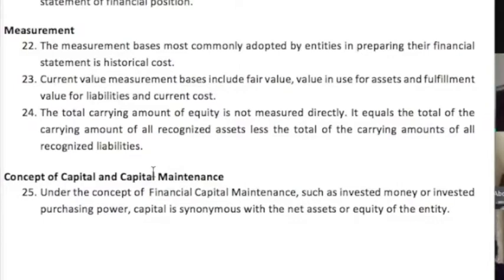The reason historical cost is the most used is because it is the measurement base that can easily be verified. I hope you remember the verifiability characteristic, class. Out of all possible measurement bases, historical cost is the most verifiable. That is why it is the most heavily used measurement base in the preparation of your financial statements. So number 22 is true.